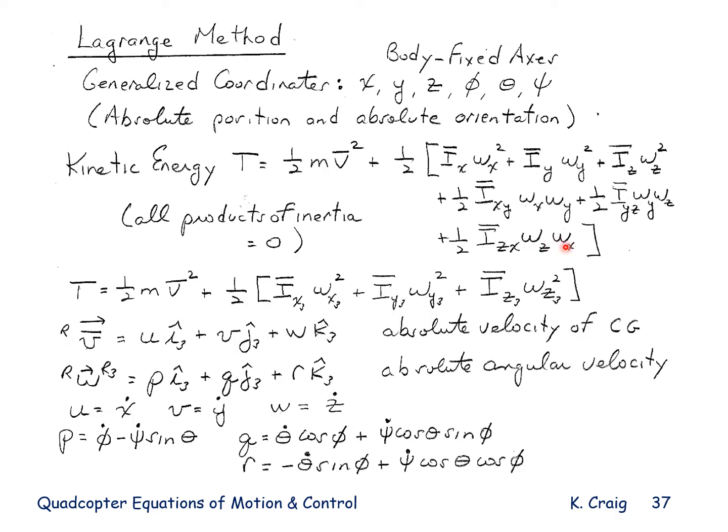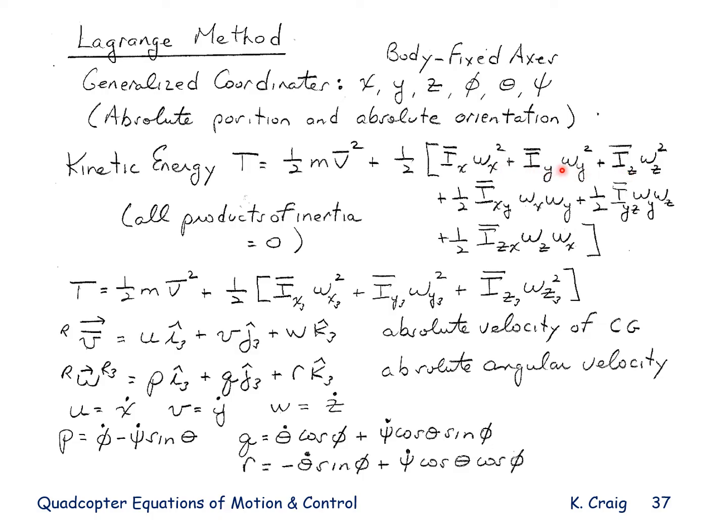But all products of inertia for the symmetric quadcopter are 0. So I bar xy, I bar yz, I bar zx are 0, and I bar x, I bar y, and I bar z are the mass moments of inertia, and hence are the principal moments of inertia.